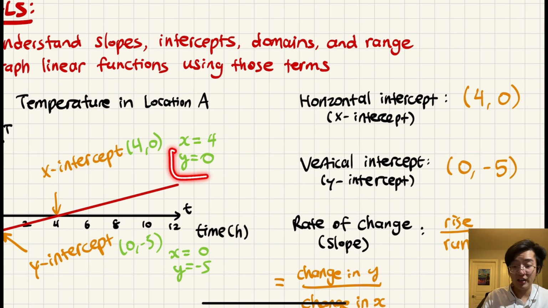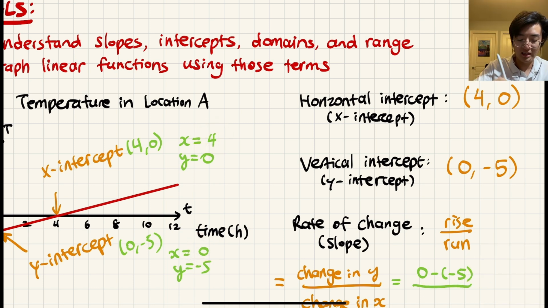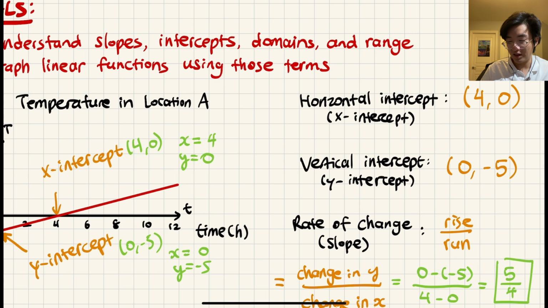To find the changing y, we compare this y with this y, so the change in y is 0 minus negative 5, over this x and this x, so over 4 minus 0. All that is just 5 over 4.